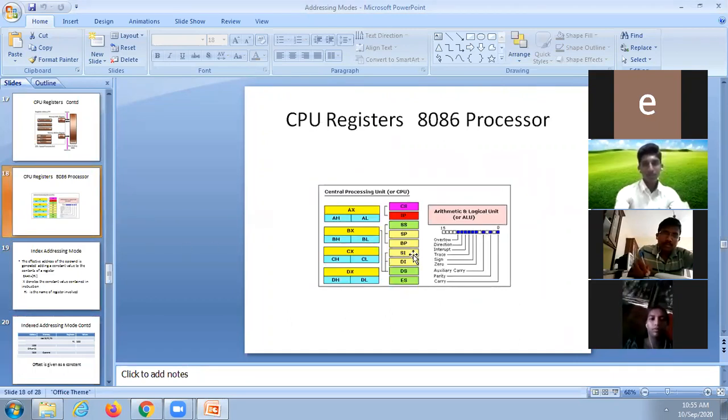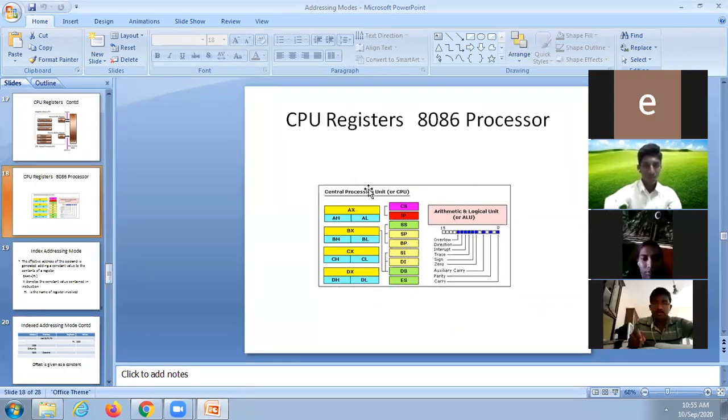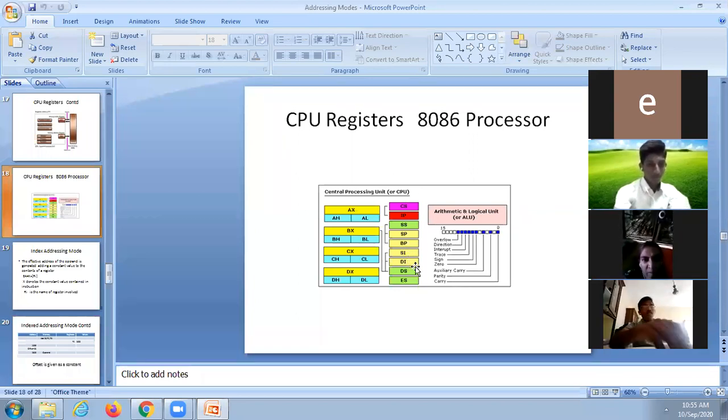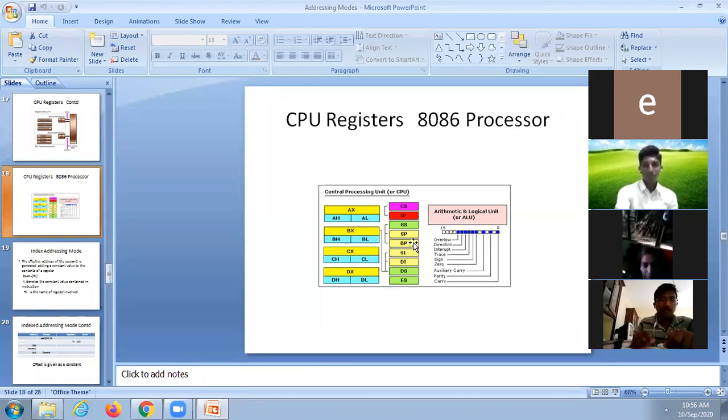Here SI, DI, BP are the registers which are used for index addressing. In the 8086 instruction set, BP is the base pointer, SI is the source index register, DI is the destination index register. These two, SI and DI, are the index registers. Similarly, BP is also used for indexing purposes. Such registers are used in the index addressing mode.